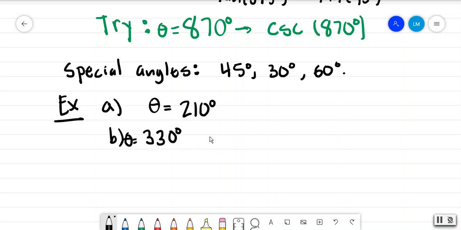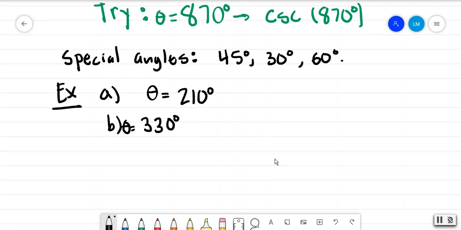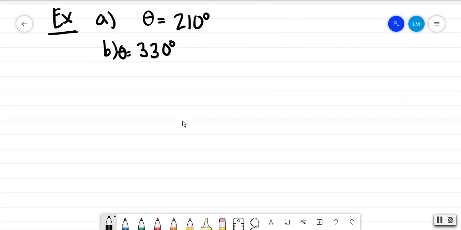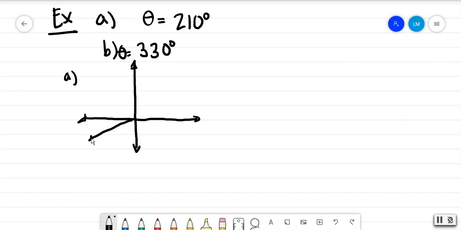Okay, now, if we try to figure out these reference angles, we can figure those out by just graphing them in the x and y plane. So for part A, 210, we know that it terminates in the third quadrant. So we'll just draw our angle. Now we know that that's 180, but we also know that this is 210.